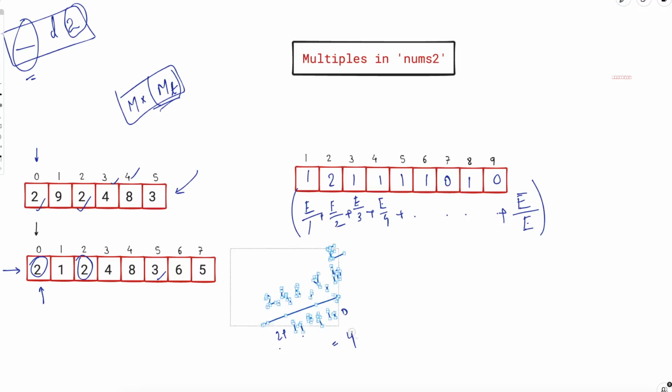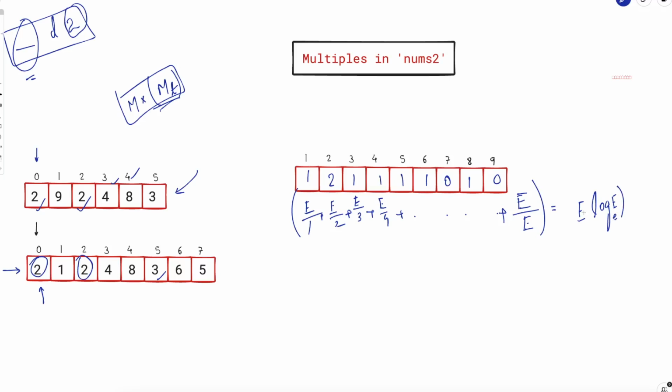Now what will this value be amortized to? This is very simple math that you might have done in 11th or 12th, so try to pause and think about that by yourself. The answer is simply E log E, and this is log E, not log 2E. Why, I would leave that to you; it basically comes from the fact that you can do integration of 1 over x.